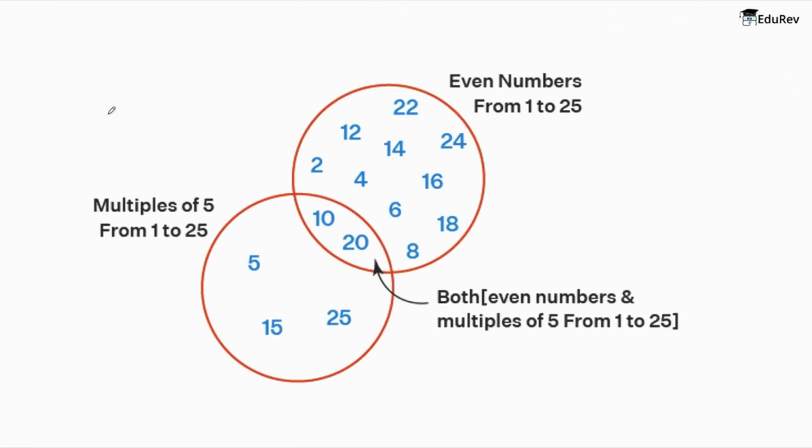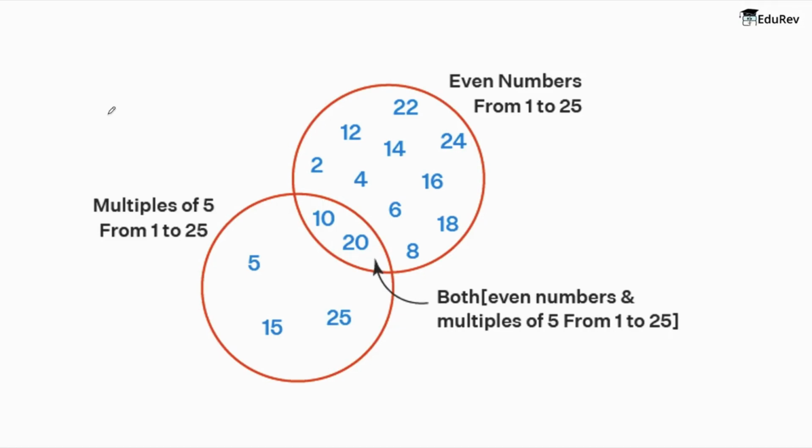Let's take an example now. Let's observe a Venn diagram displayed on your screen. Here the Venn diagram shows the correlation between sets of numbers. One set contains the even numbers from 1 to 25 and the other set contains the numbers that are multiples of 5 from 1 to 25.